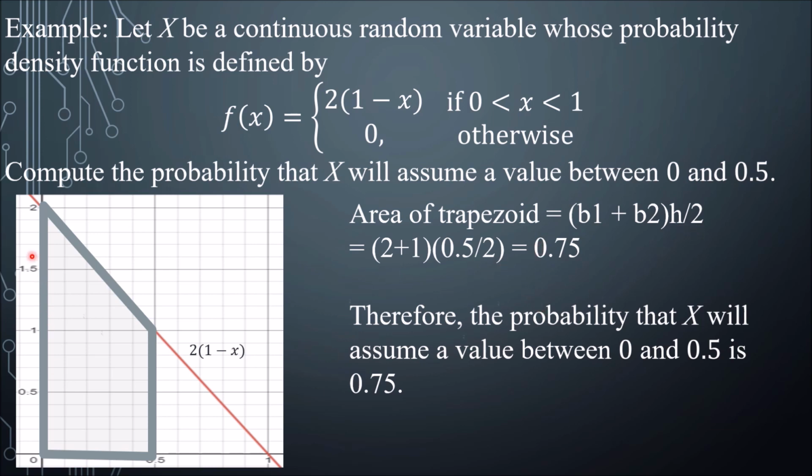Base 1 is 2, base 2 is 1, and 0.5 is the height. Then over 2. So the area of this trapezoid is 0.75. Therefore, the probability that x will assume a value between 0 and 0.5 is 0.75.